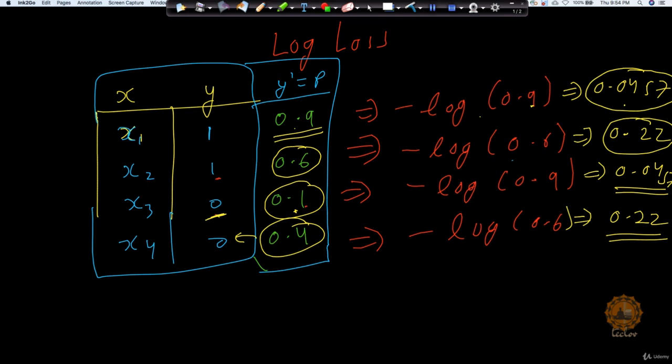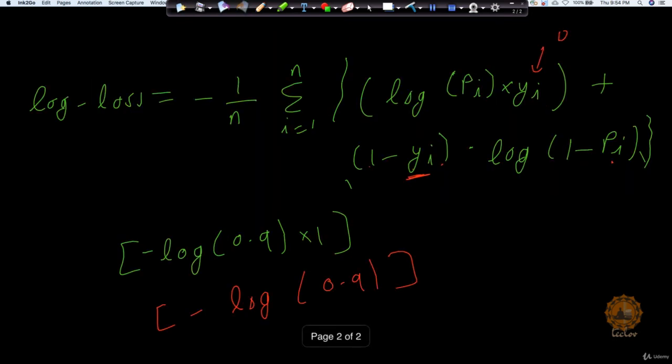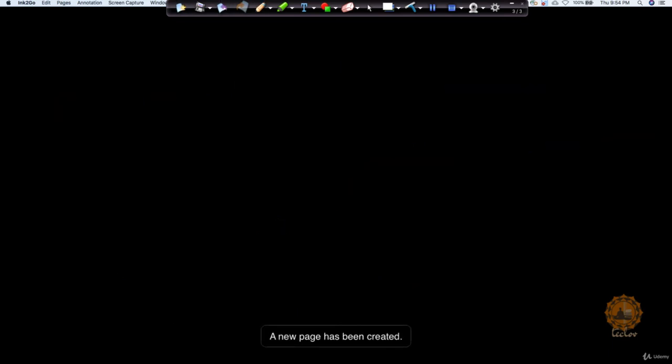Now I can extend the same thing to my multi-class classification example as well. Right now we understood the binary classification part, but I can extend it to completely multi-class classification. So let's put the same thing into multi-class classification.